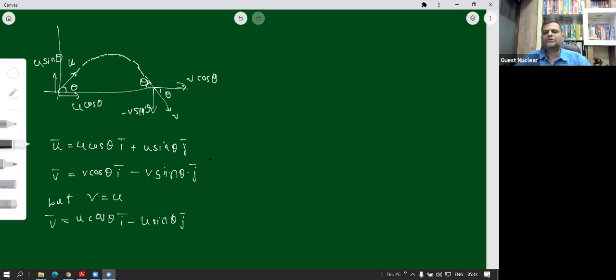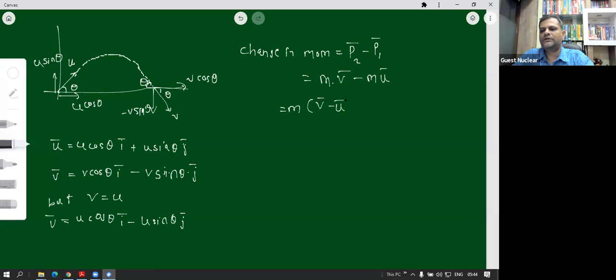Correct? So now if we want to find the change in momentum, what is the formula for change in momentum? Change in momentum means final momentum p2 bar minus initial momentum p1 bar, and momentum is actually the product of mass and velocity, so we can say mass into final velocity vector minus mass into initial velocity vector. So it will be actually m v bar minus m u bar, where m can be taken common and v bar minus u bar will be left inside.